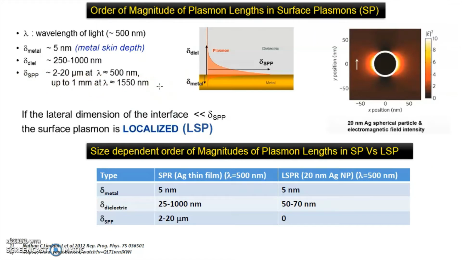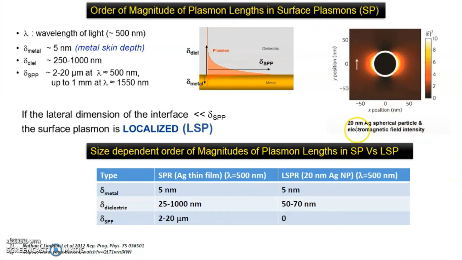Now imagine a case, because all this we are talking about a metal thin film or metallic slab, but imagine a case where the size of the metal lies in the range of nanometer.